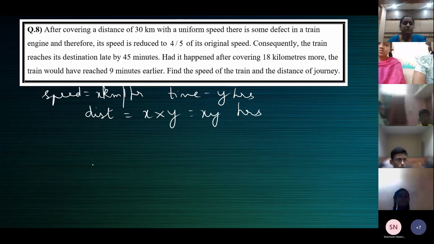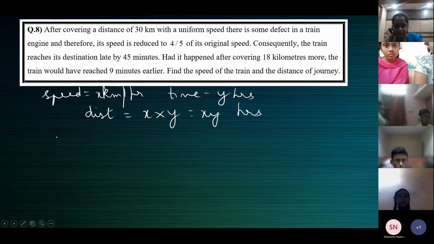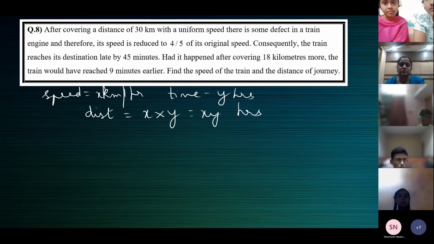Very good. So what's the equation in the first case? What is the actual speed? x, ma'am. What's the reduced speed?